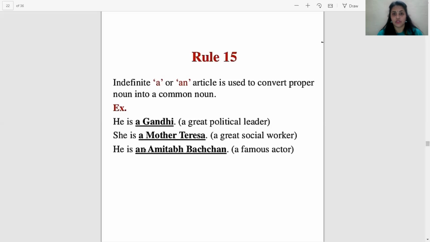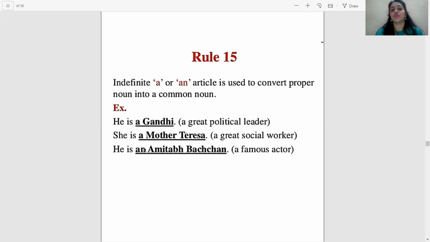He is an Amitabh Bachchan. Okay, so now he is an Amitabh Bachchan. Of course, we are comparing somebody's quality of being such a famous actor as Amitabh Bachchan is. That is why we have used the article an, because Amitabh has a vowel sound.